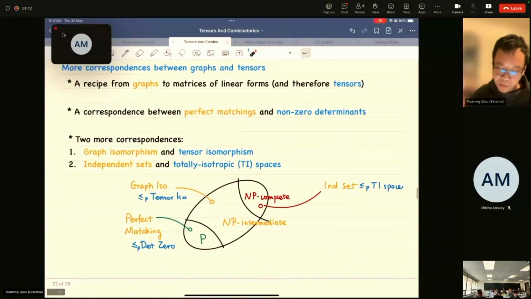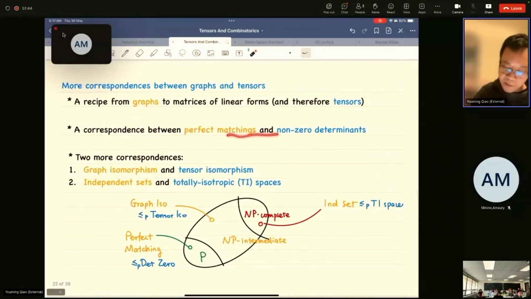And all these correspondences also have some interpretation from the computational complexity viewpoint, because of the connections between these three pairs of notions. For example, independent set, by the connection, reduces to the so-called total isotropic spaces.